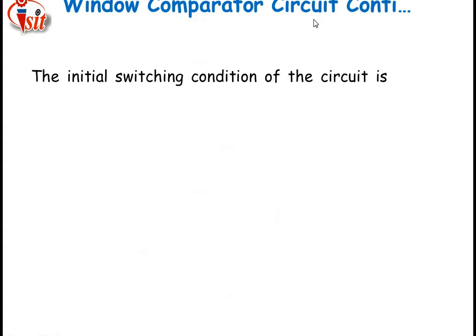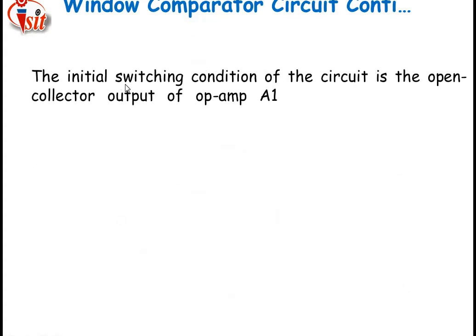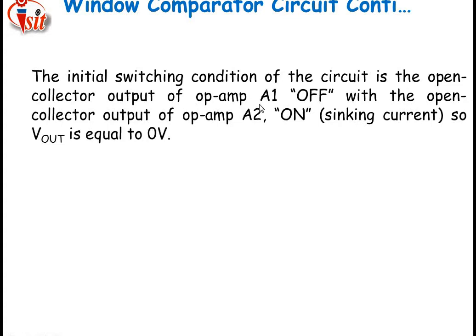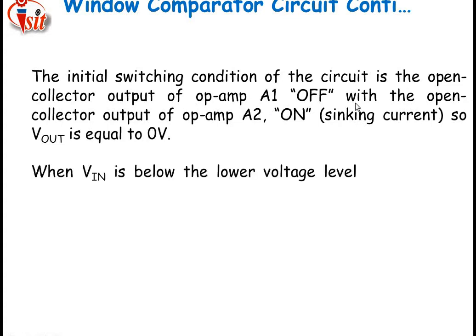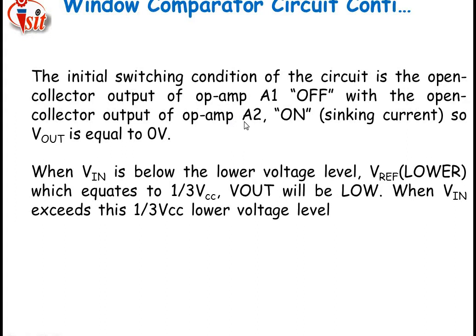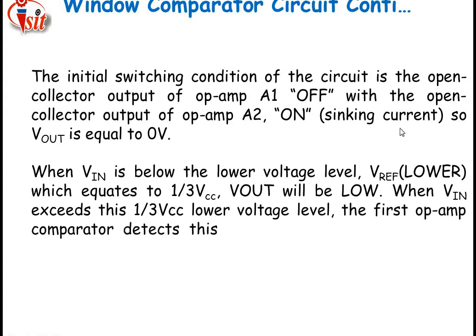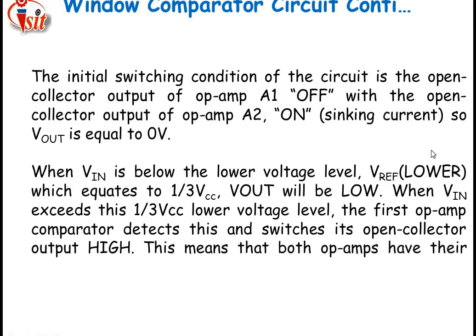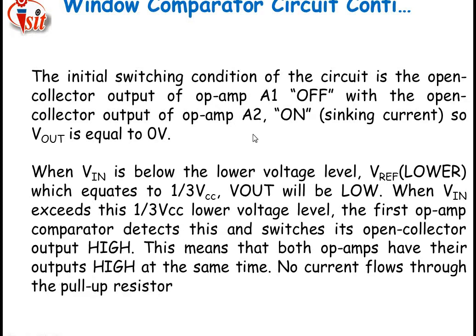Then, continuing with the window comparator circuit, the initial switching condition of the circuit is that the open collector output of op-amp A1 is off. A1 is the gain related to op-amp number 1, which is off, with the open collector output of op-amp 2. Op-amp 2, with gain A2, is on, that is, sinking current, and op-amp number 1 is in the off condition.